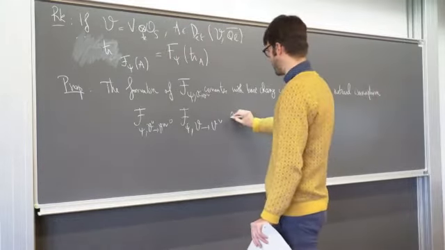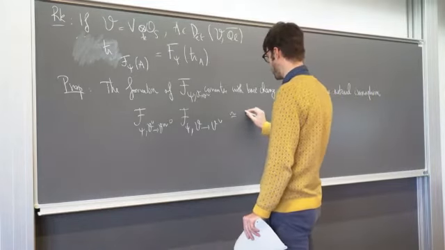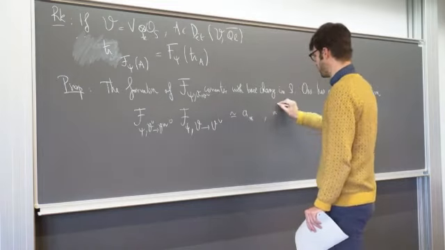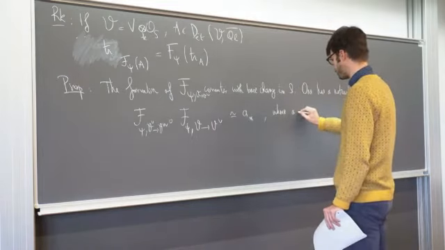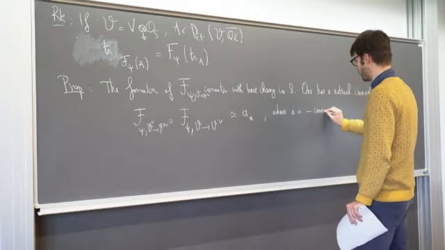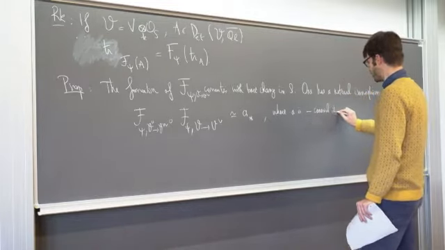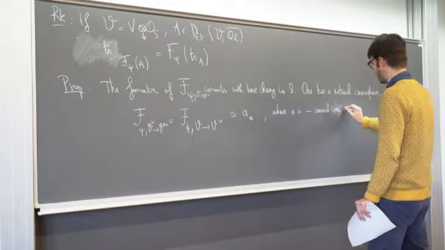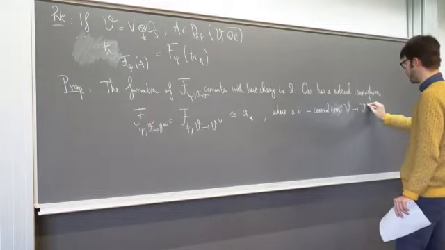And then the claim is that this is equivalent to push forward along A, where A is minus the canonical isomorphism between V and its double dual.